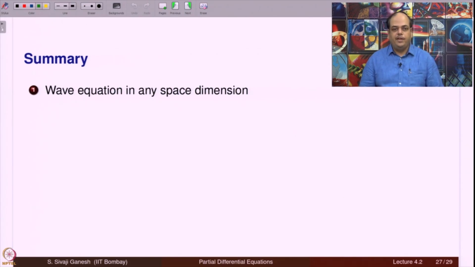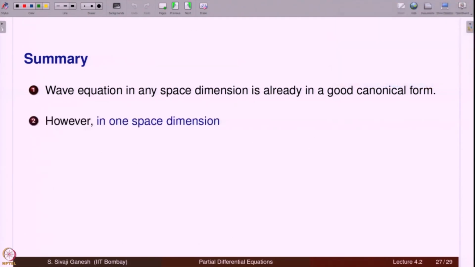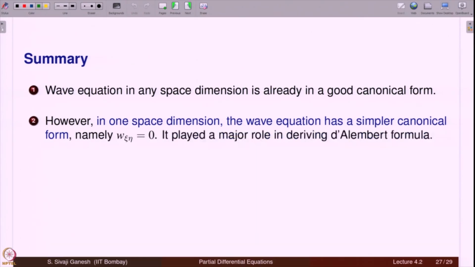Let us summarize what we did in this lecture. The wave equation in any space dimension is already in a good canonical form, u_tt minus c squared Laplacian u equal to 0; you can't ask for anything better than that. However, in one space dimension the wave equation has a simpler canonical form, namely w_xi eta equal to 0, and that played a major role in deriving the D'Alembert formula.